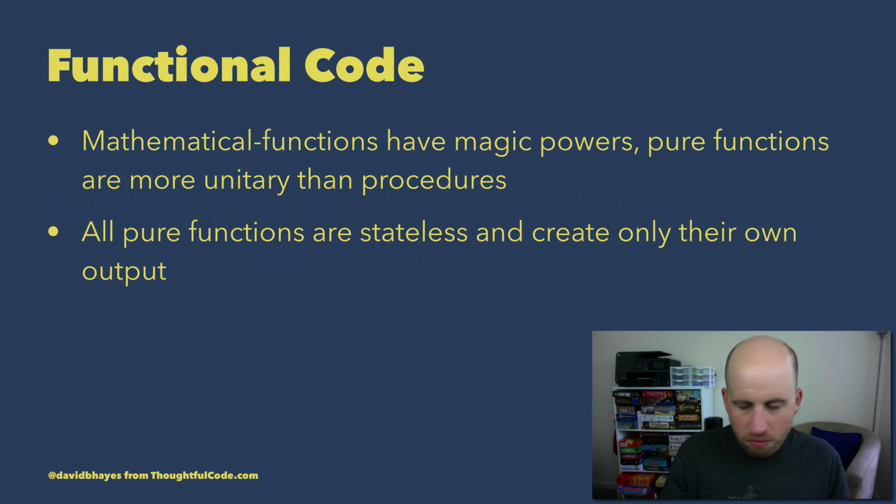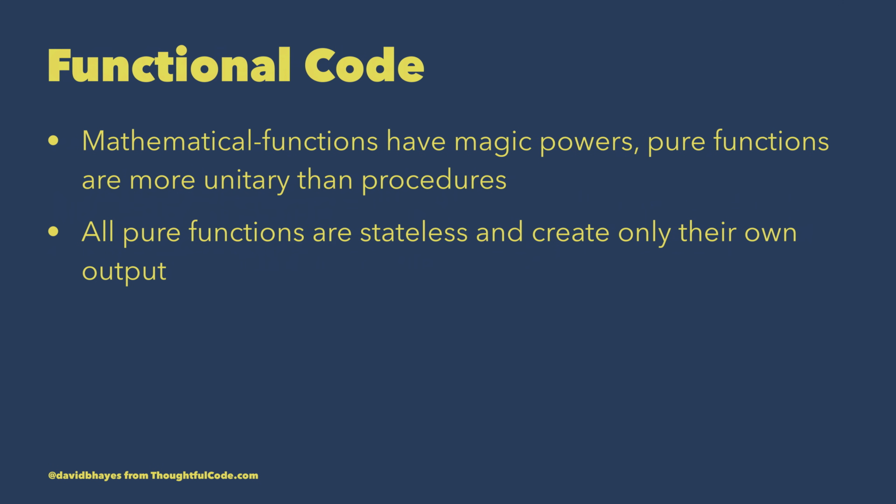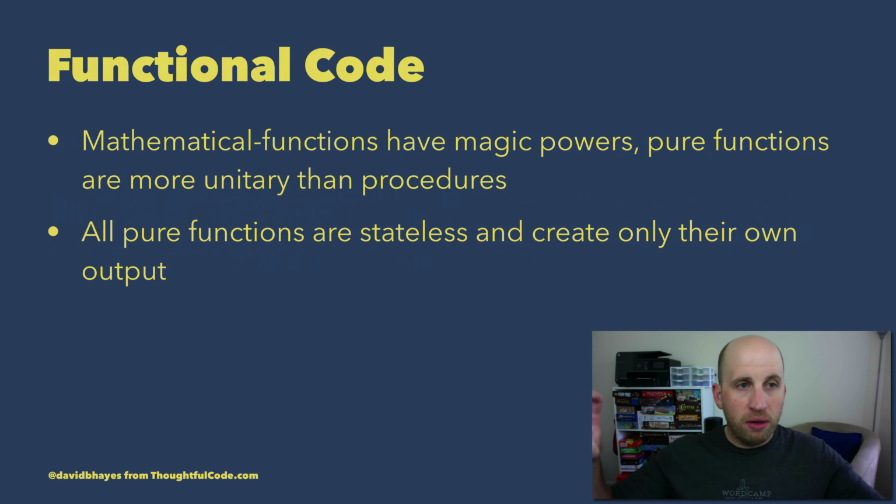So often when we talk about functional code, functional programming, we're dealing with what we call pure functions. And these functions are considered pure because of their similarity to mathematical functions. f of x equals x squared, something like that. Because of their resemblance to that mathematical function, they're more unitary than things like procedures.